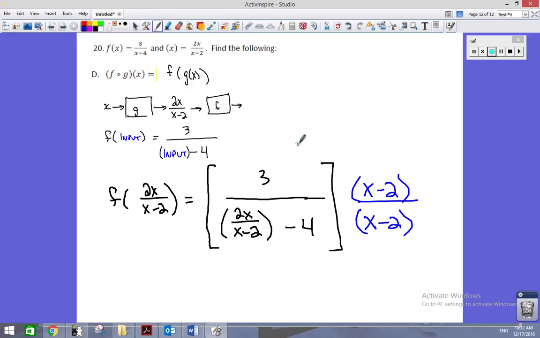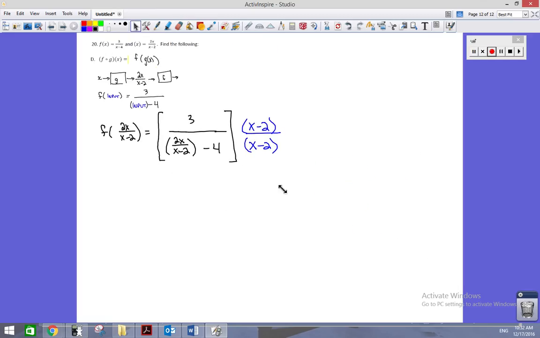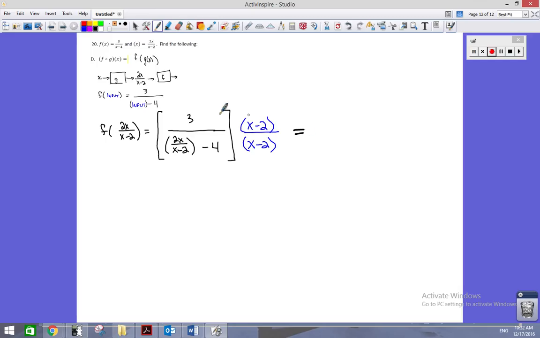When I multiply fractions together, I just multiply straight across the numerator and denominator. So this numerator is extremely easy to figure out. It's simply 3 times this binomial. Now, it takes a little bit of time and effort to figure out what I get when I take x minus 2 and distribute it to both terms.